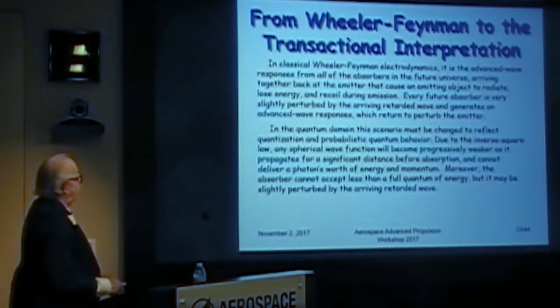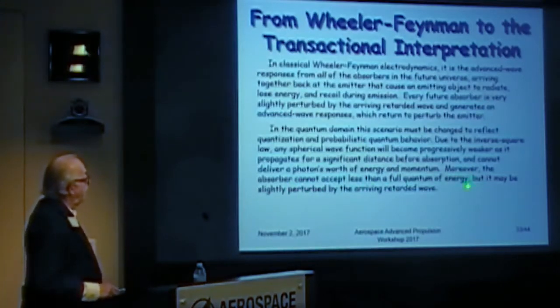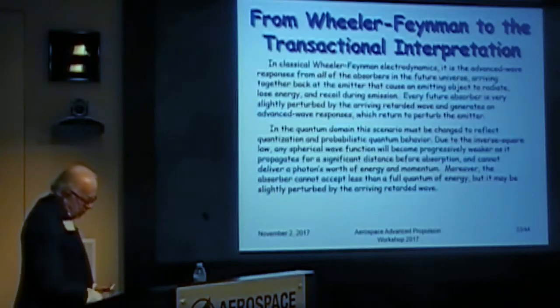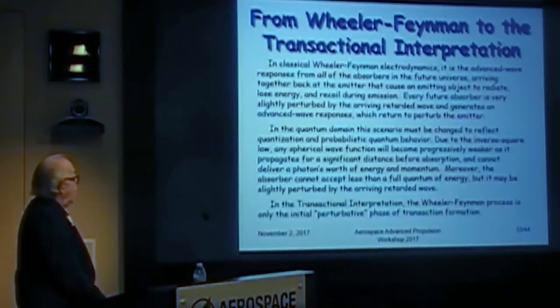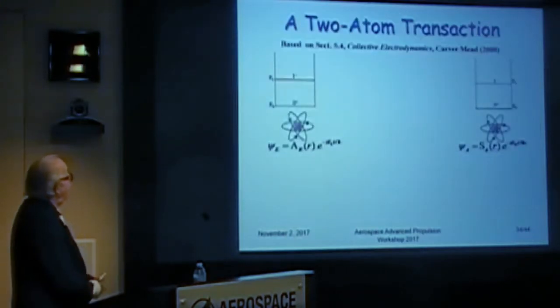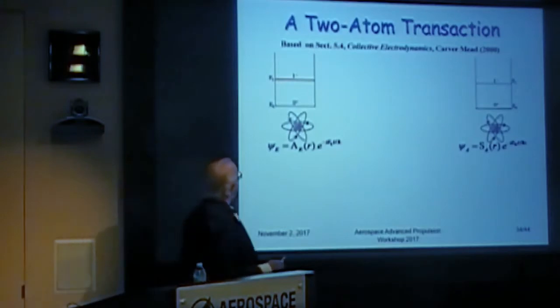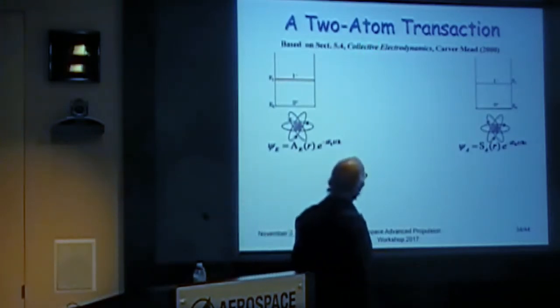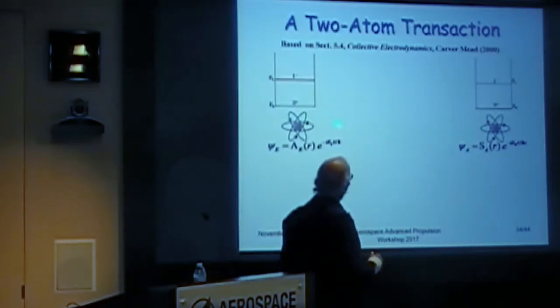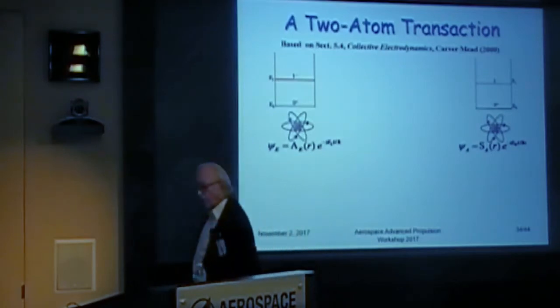Furthermore, the absorber cannot accept less than a full quantum of energy, but it can be slightly perturbed. In the transactional interpretation, the Wheeler-Feynman process represents the perturbative phase of transaction formation. This is based on Carver Mead's very lovely little book called Collective Electrodynamics, and section 5.4 of this book presents this kind of model, which I've built on.